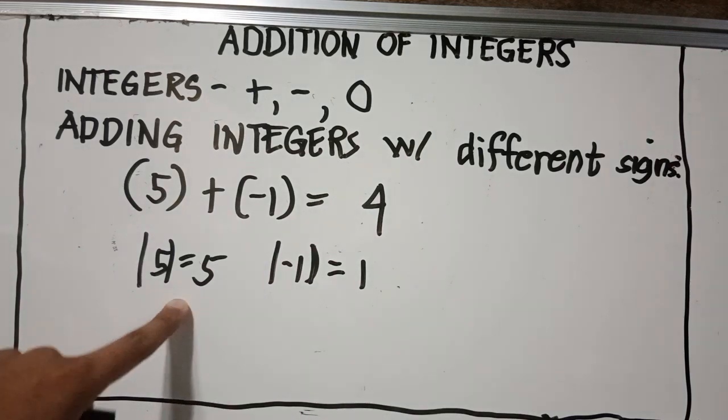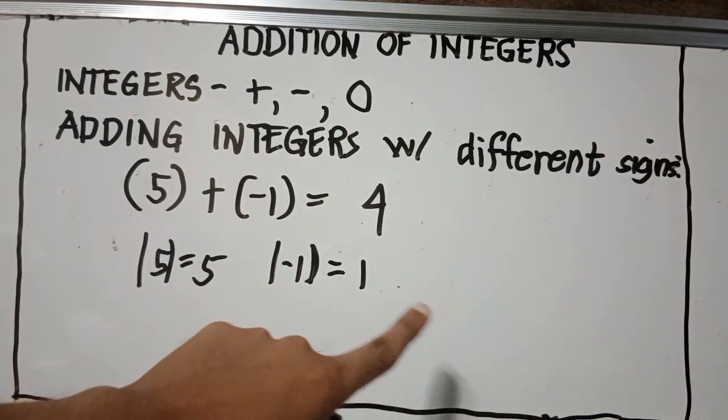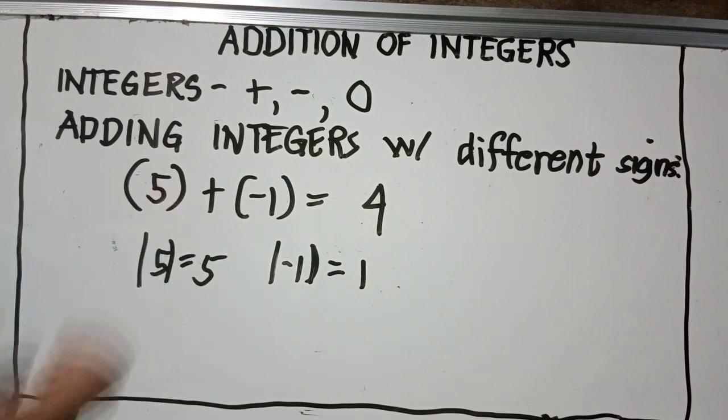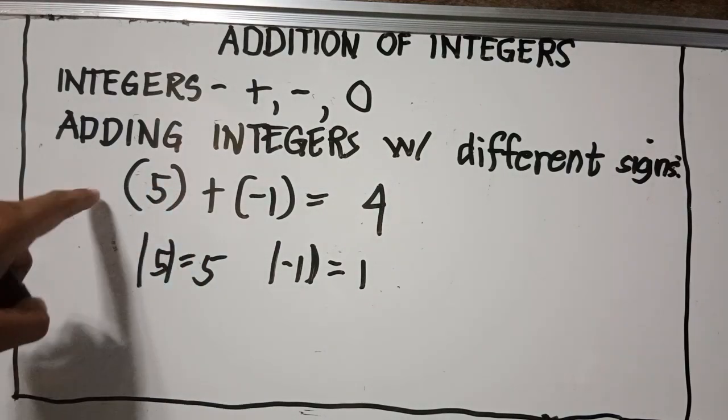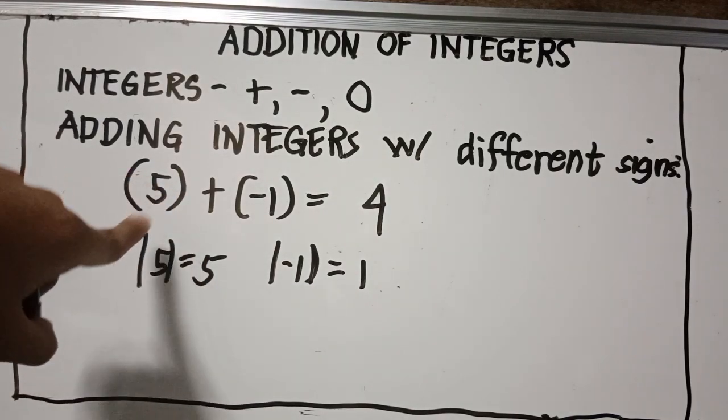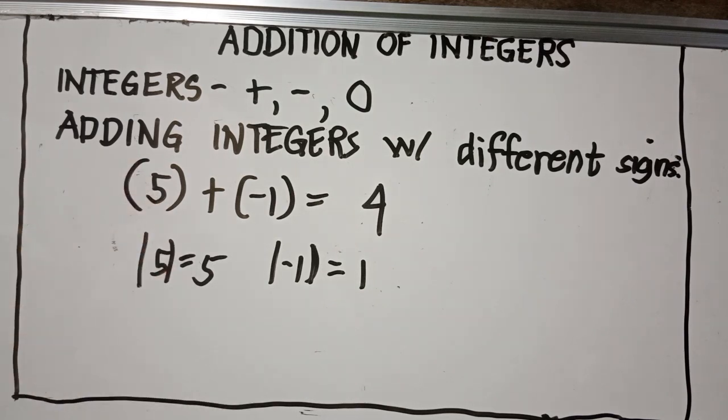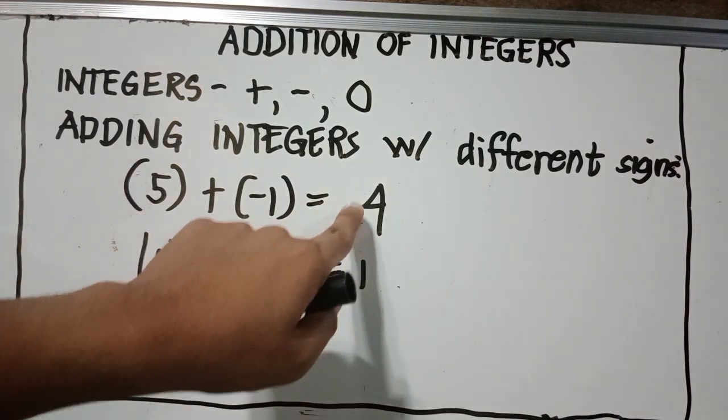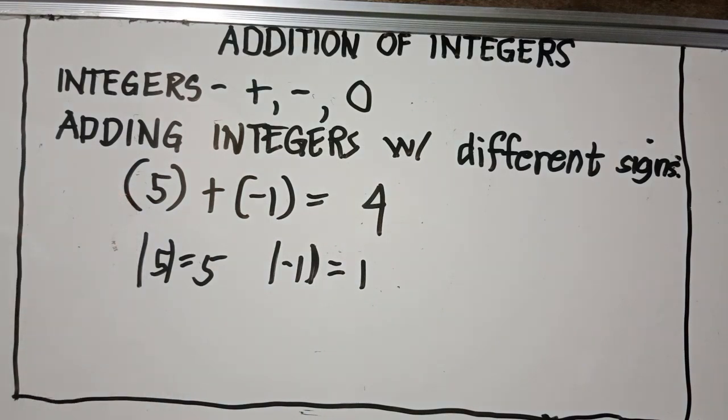Which is bigger, 5 or 1? 5. Therefore, the integer that has the bigger absolute value is the positive 5, so you affix the sign of that integer. So positive 5, and no need to write the plus sign. Therefore, 5 plus negative 1 is 4.